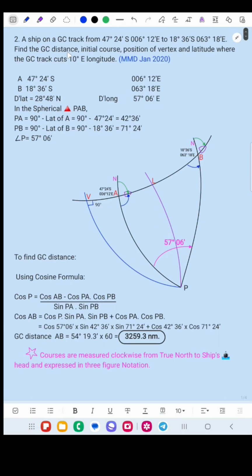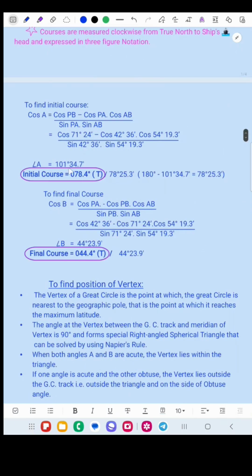Now the question is also asking for the position of vertex, and also the latitude where the GC track cuts 10 degree east longitude. So what is a vertex?